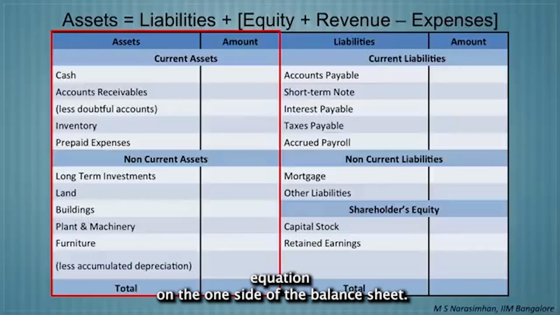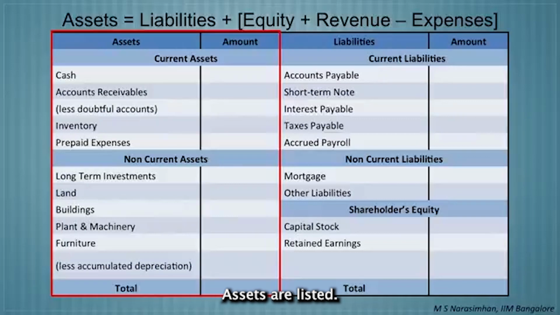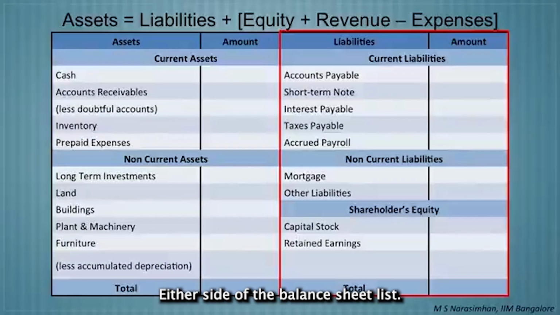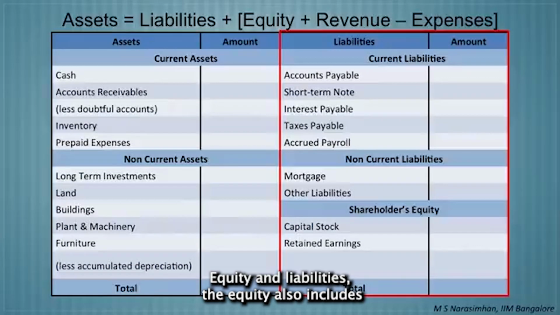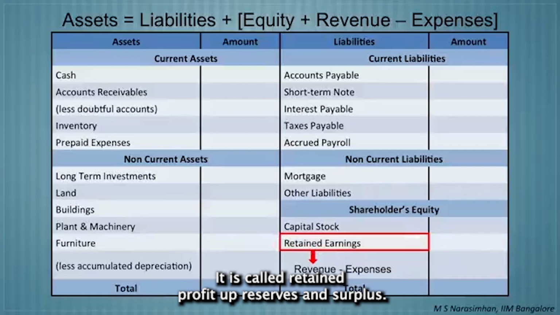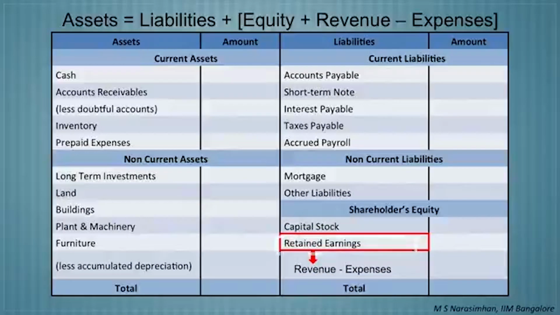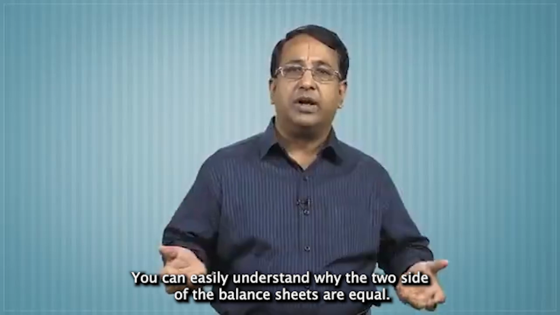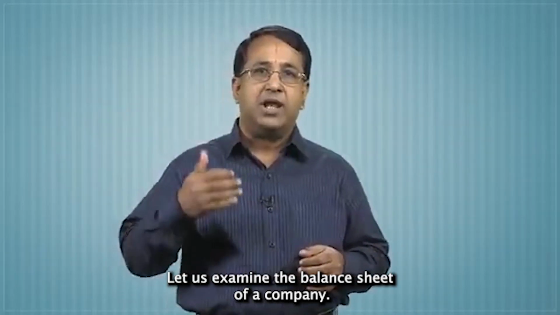On one side of the balance sheet, assets are listed. The other side lists equity and liabilities. Equity also includes the difference between revenue and expenses. It is called retained profit or reserves and surplus. You can easily understand why the two sides of the balance sheet are equal. Let us examine the balance sheet of a company.